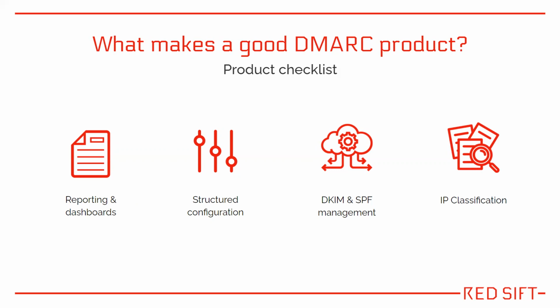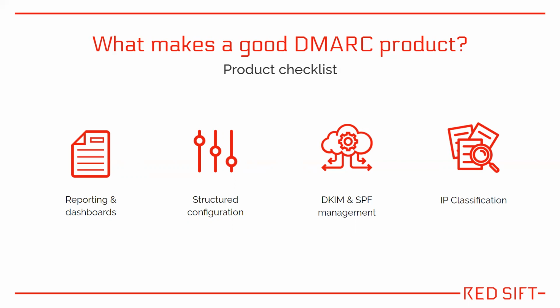A structured configuration. A clearly structured solution is important for organizations which do not have specialists in-house, DMARC expertise, or limited resources. The solution should help you confidently move through the various stages of DMARC and help you get to a p=reject policy with ease.